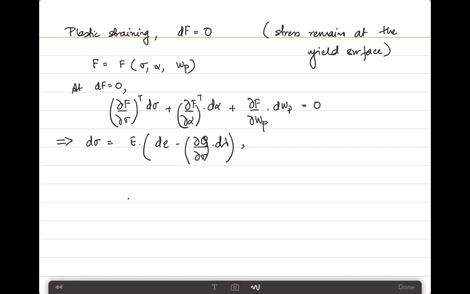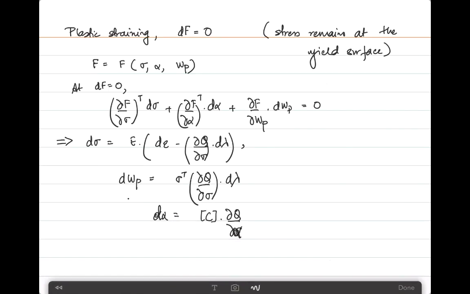The dWp would be equal to the stress times the flow rule behavior, and the d alpha would be equal to C times the flow rule behavior with alpha.